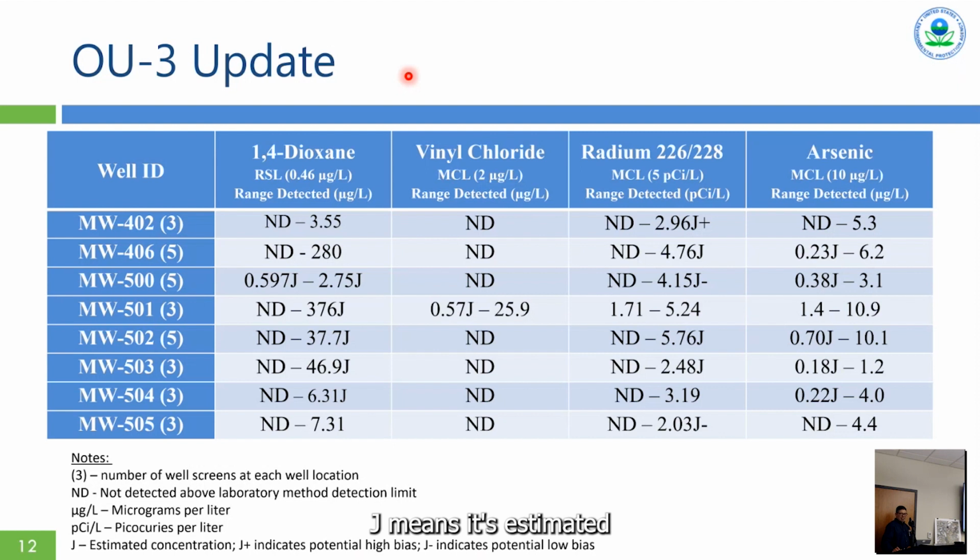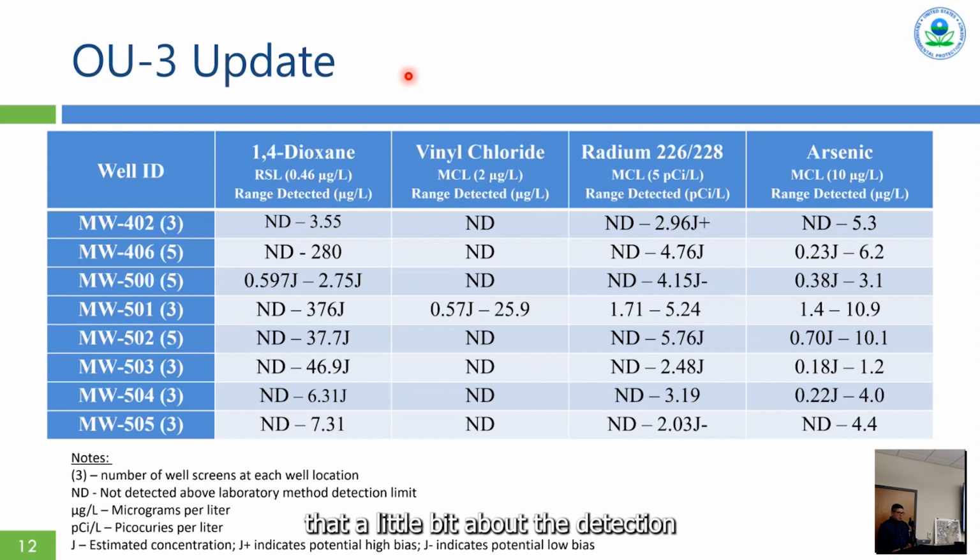J means it's estimated. If it's the plus sign after the J, that tells you that for some reason the data validator or the lab thinks that it might be biased to the high side, but it's still estimated, but usable. And J minus is maybe it's biased a little low. So that might be a little more information than you want to know. I can give you more if you want to get into the weeds on that. Just let me know, and I can explain that.